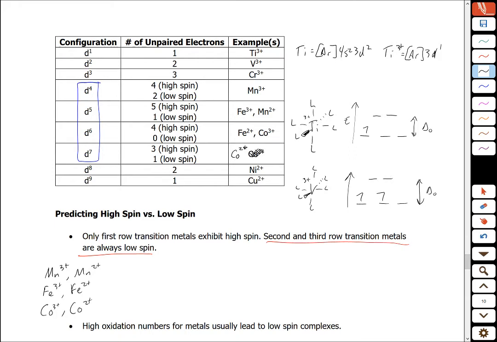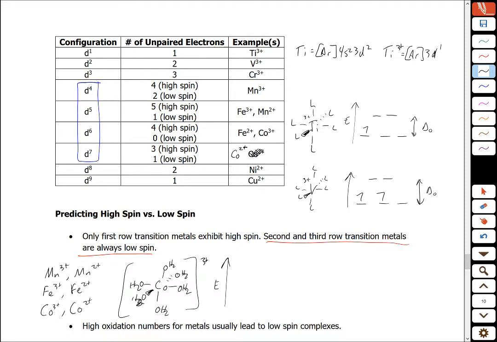A good example: if you look at a periodic table, I don't actually have one I can pop up very easily, but under cobalt is the element rhodium. So if we look at cobalt 3 and we put 6 water molecules around the cobalt 3, that's going to have a 3+ charge.